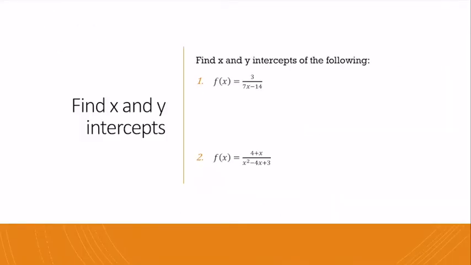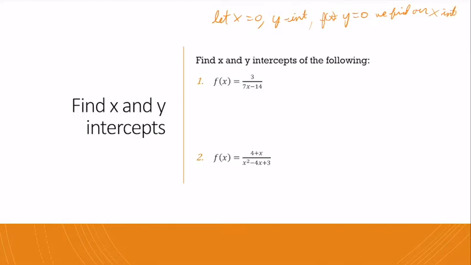We can also find the x and y intercepts of any graph. Remember that if we let x equal 0, then we find our y-intercepts. And if we let y equal 0, or f of x, we find our x-intercepts.